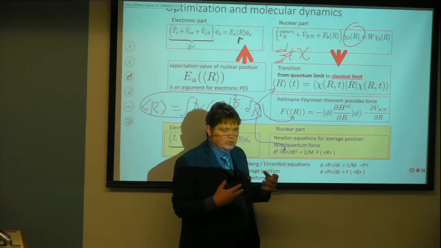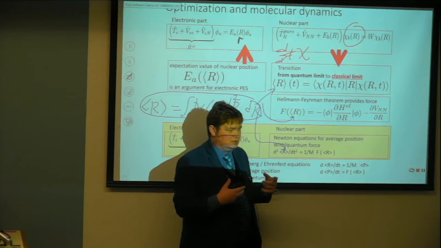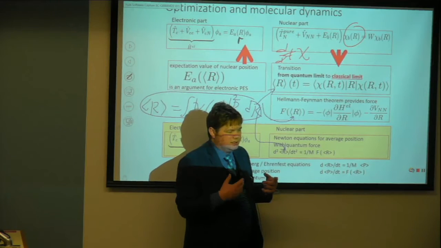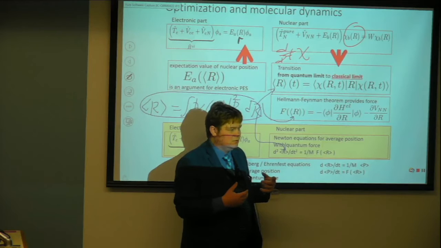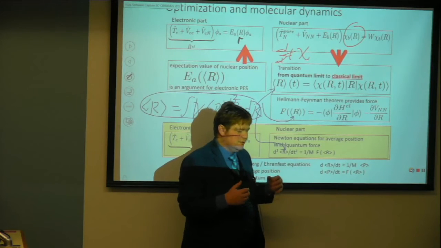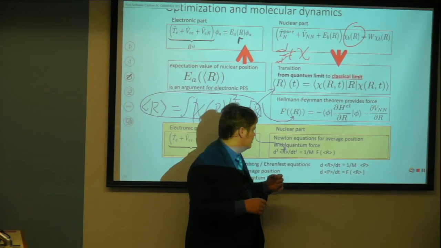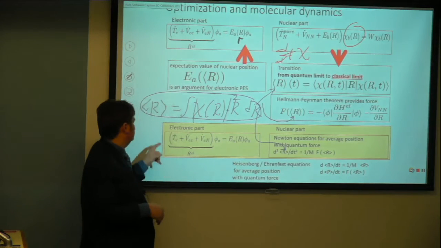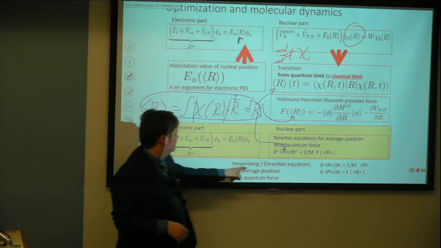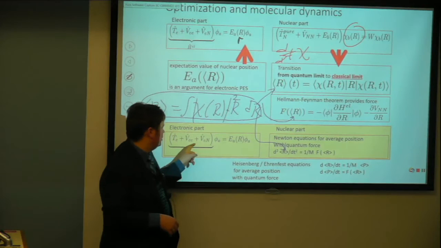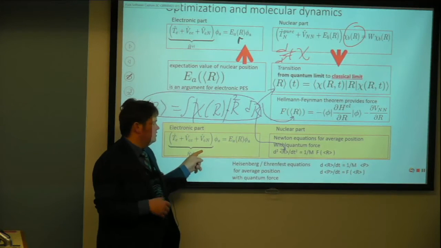It will include the quantum nature of nuclei. And there is a way to make it a little more precise or add terms that will describe more quantum properties. So in the yellow box, it is a set of equations that one typically solves.